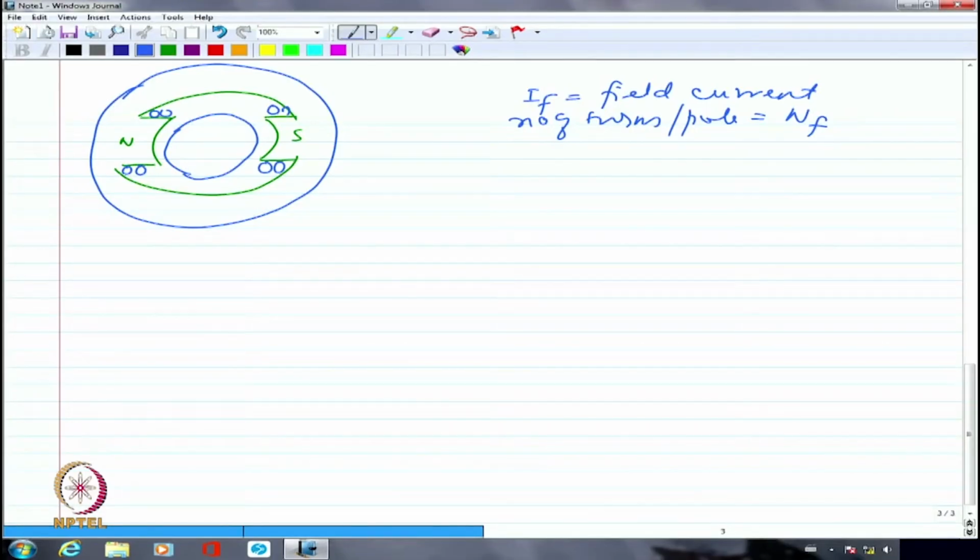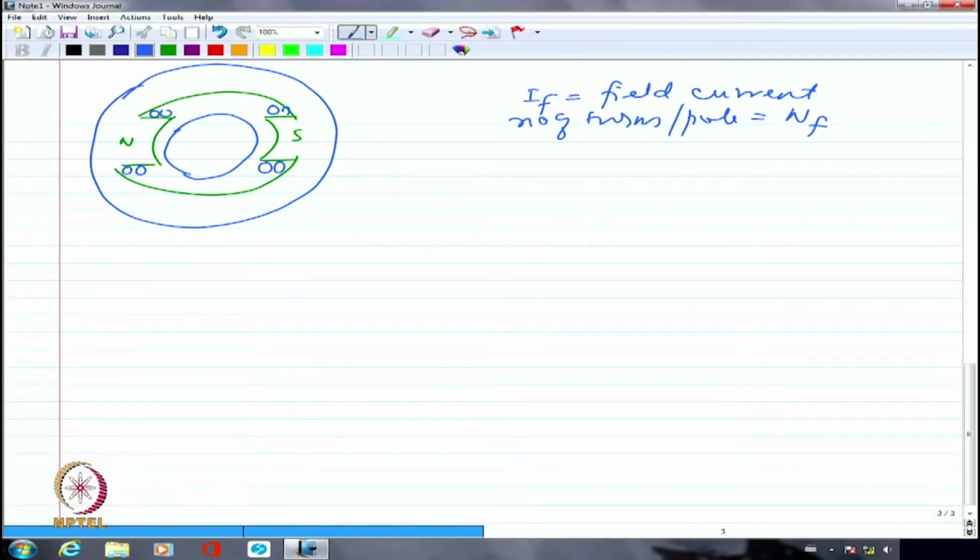If the air gap width is very large, I will require more and more MMF to produce a particular value of field strength. So I want to make sure the air gap is very small in any electrical machine. But it should be large enough for the rotor to rotate without hitting the stator.